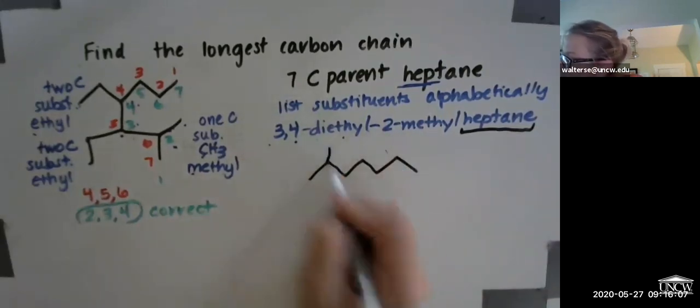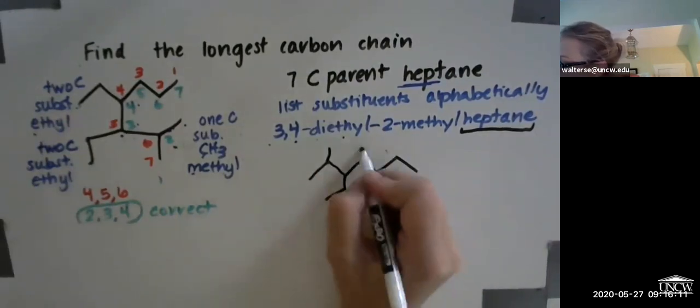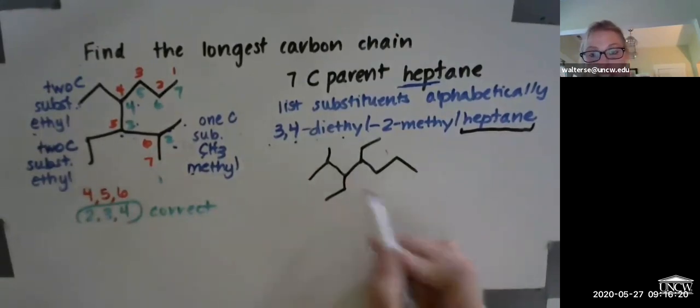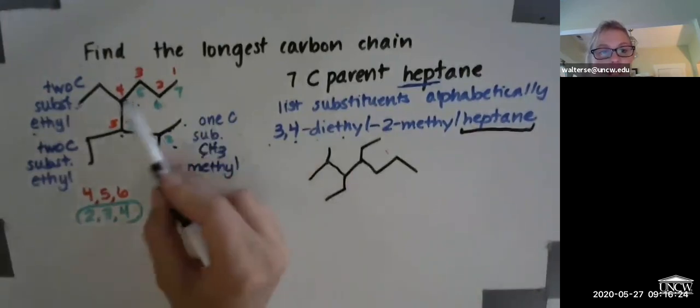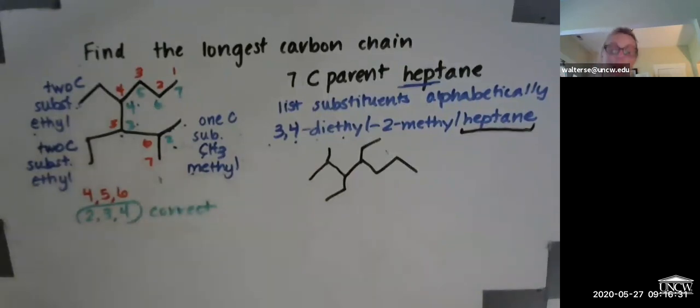Put a methyl group on 2, an ethyl group on 3, an ethyl group on 4. So this is the same molecule as this. It's just this one's a little bit easier because the parent chain is shown left to right. In this one, the parent chain squiggles. But yes, you should be able to go back and forth.